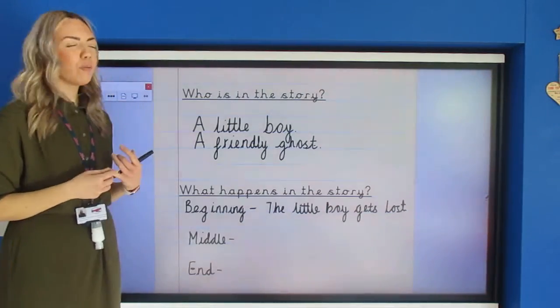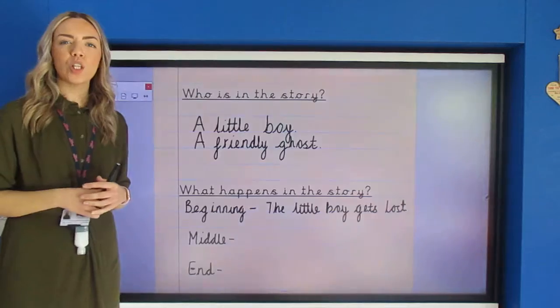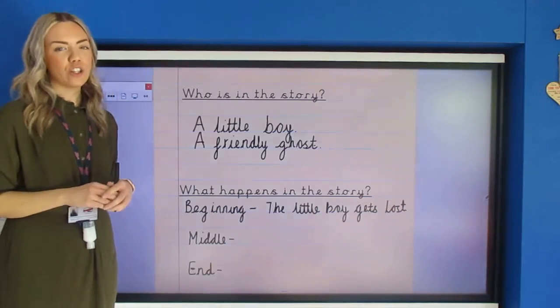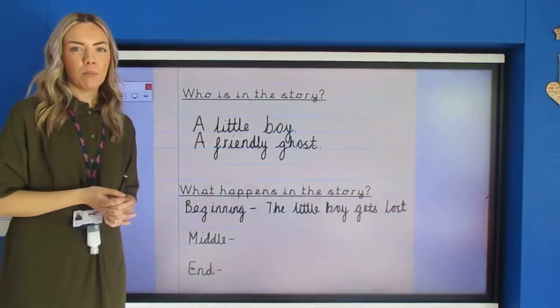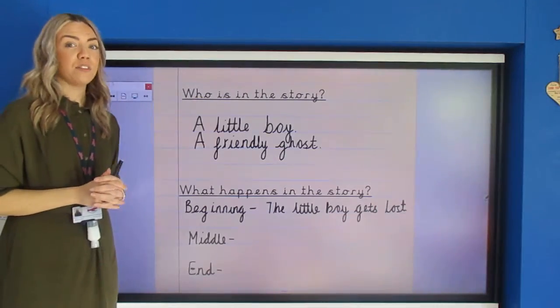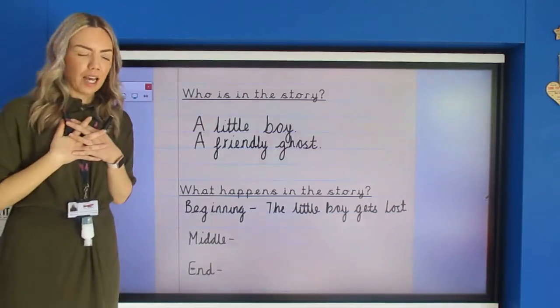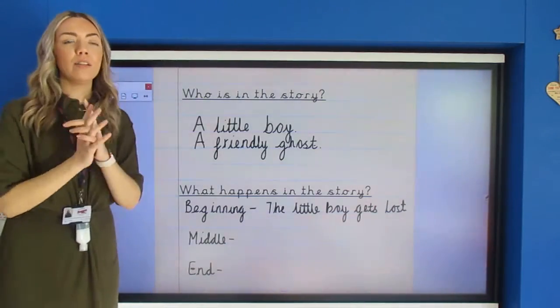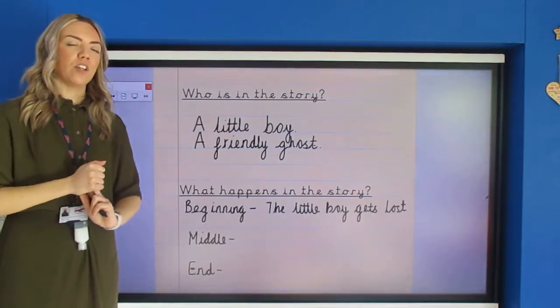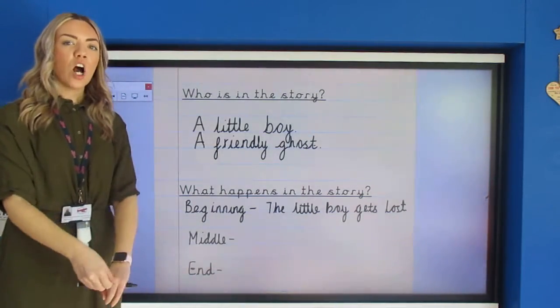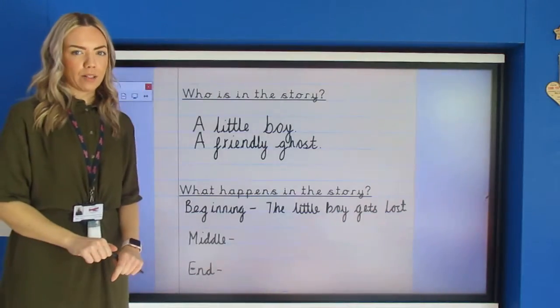Okay, especially if we're writing a nice short fairy tale or a traditional tale, normally at the end it's a happy ending, isn't it? But if you want to, yours doesn't have to be happy, but Miss James is going to be happy. So I'm going to tell you now my beginning, my middle and my end, and that's going to help you decide on what your story is going to be.